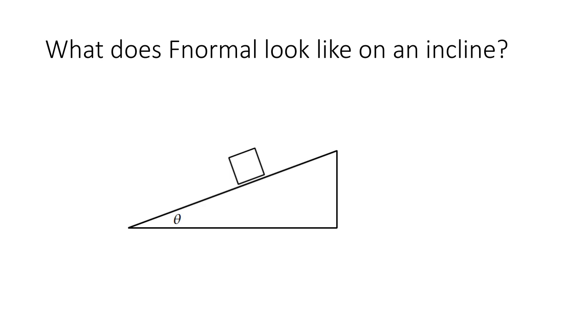It might be tempting to draw your force of gravity downwards and your normal force upwards like this. But this is incorrect for 2 reasons. Number 1, remember that the definition of the word normal means that it's perpendicular. And this arrow right here is not perpendicular.